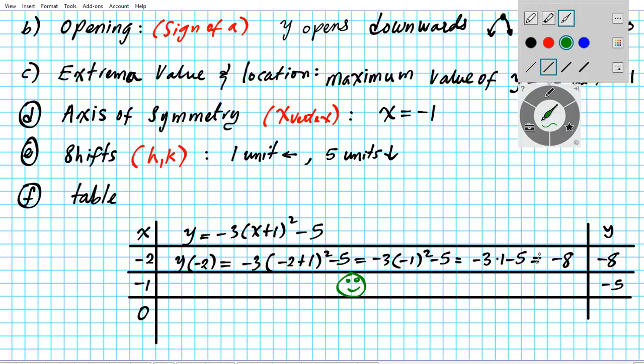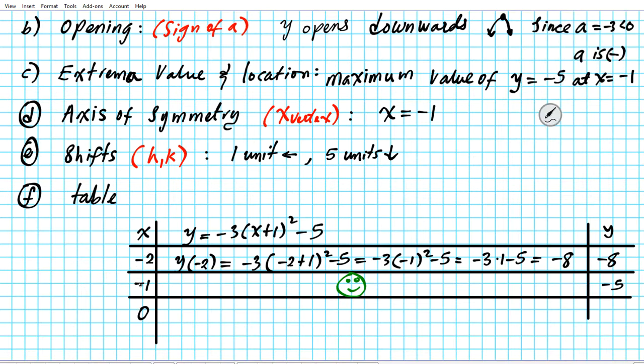Now, this is where the check happens. When I put in 0 into the function, since -1 is the axis of symmetry, the output for 0 and -2, the points about the vertex, should be exactly the same, or else there is a mistake somewhere.